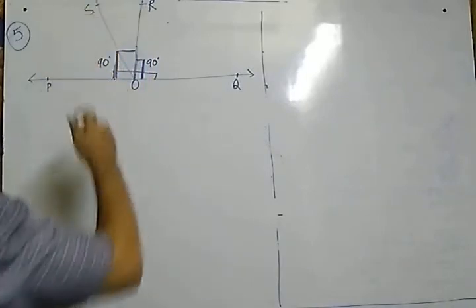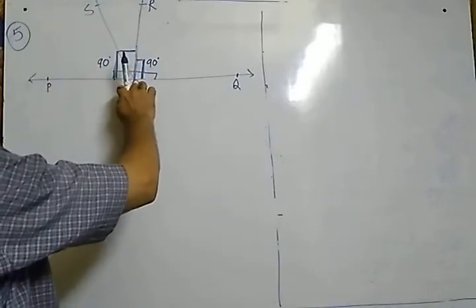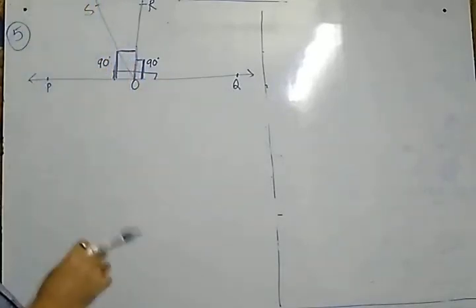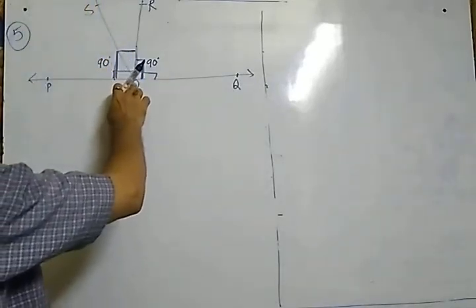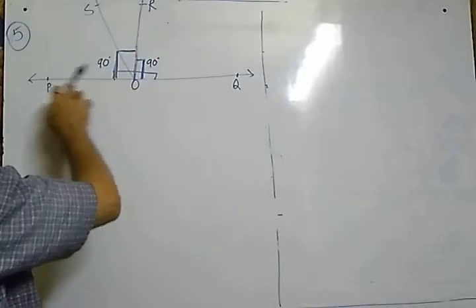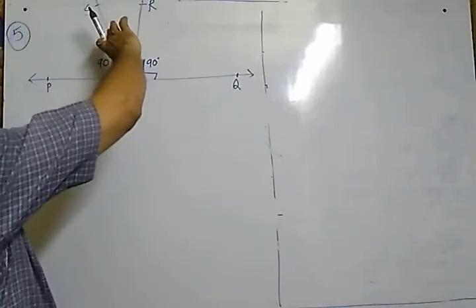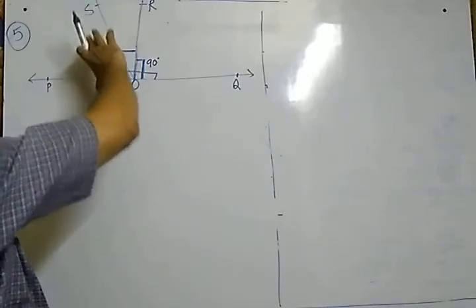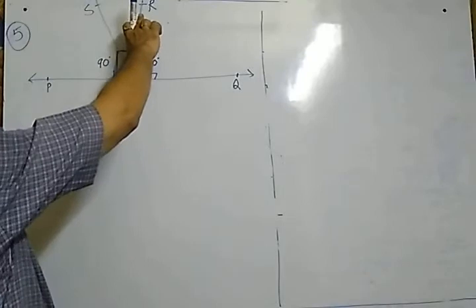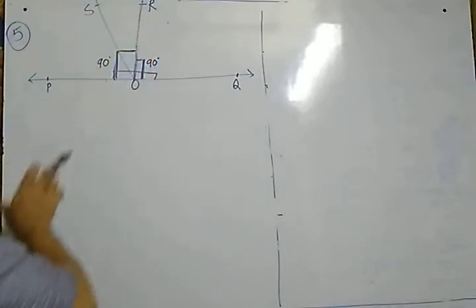And what is S here? This ray OS is constructed between ray OR and ray OP. It is given in the question. If you read thoroughly, it is already given. The location of this ray OS is between ray OR and ray OP.